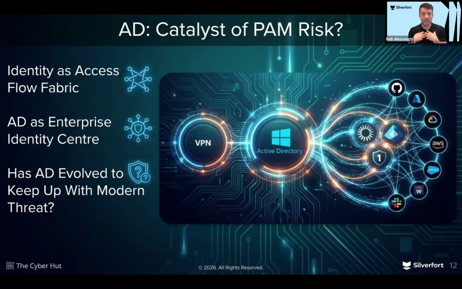And that means for me, having seen this as a practitioner, I really think of it as one of the key things we have to work really hard to get a handle on and protect really well, so that we don't have to worry about how exposed it is, because often we get combinations of things going on as well. It's not just about AD, but often we'll see flat networks internally, right?